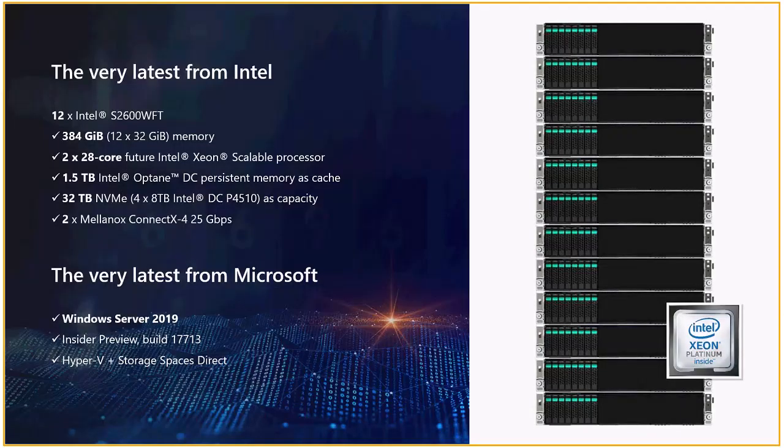What Microsoft wanted to do here was to not just look at theoretical limits anymore, but actually build a reference architecture and prove the performance of Server 2019 and where we're heading with hyper-converged infrastructure, so Windows Storage Spaces Direct. And this is what they built it on: the latest from Intel, running Windows Server 2019 technical preview, with Hyper-V and Windows Storage Spaces Direct.